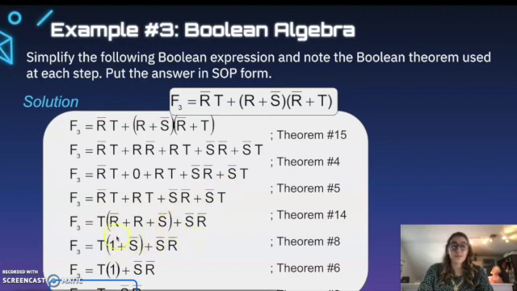We do that because then R' and R are together, and we can apply theorem 8 to get T(1 or S'R'). We can then apply theorem 6, which gives us T(1 or S'R'). And then our final step is to apply theorem 2, which gives us T or S'R.